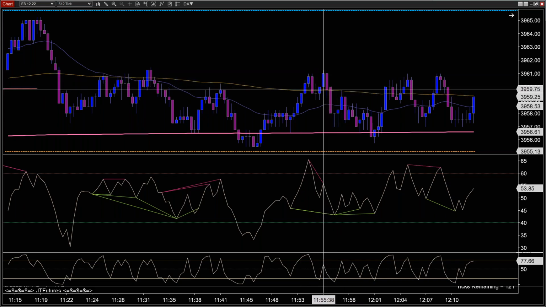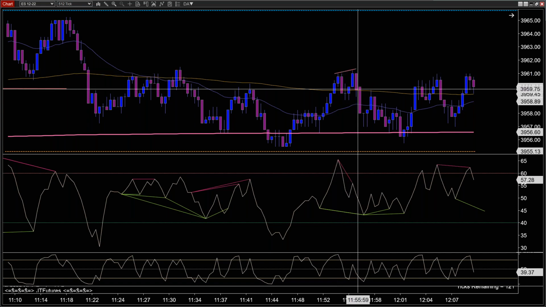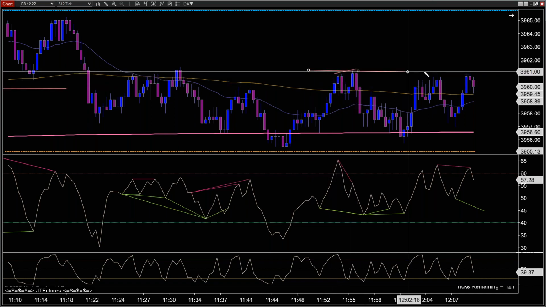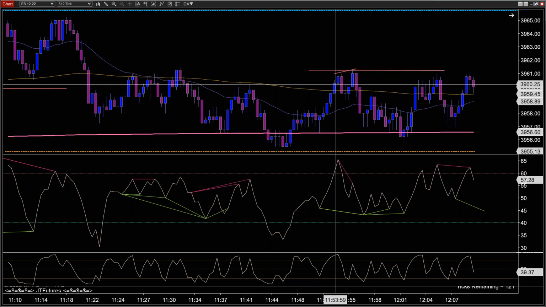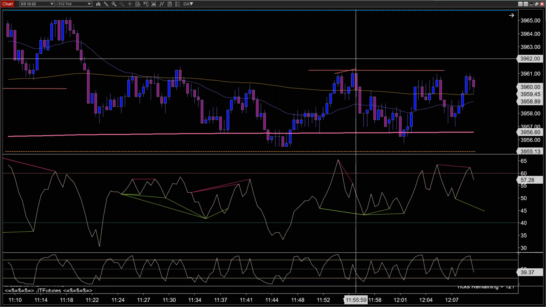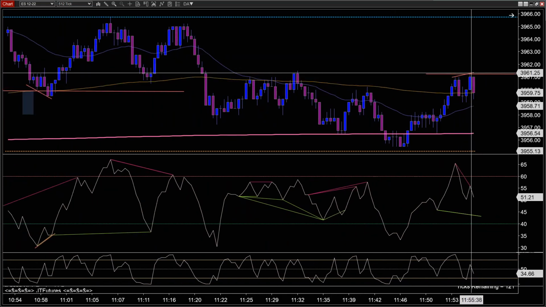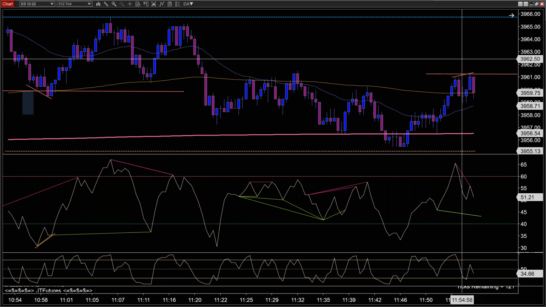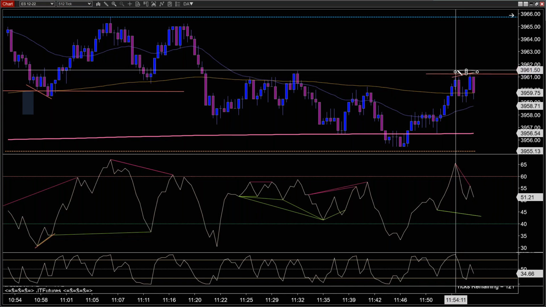So in this instance, because the divergence formed up here, we want to use that as our predefined area where we're wrong on the trade. So if the market pushes through where the divergence formed here, we are technically wrong above that high. So that's where my 2 points of risk would then go, just right above it.